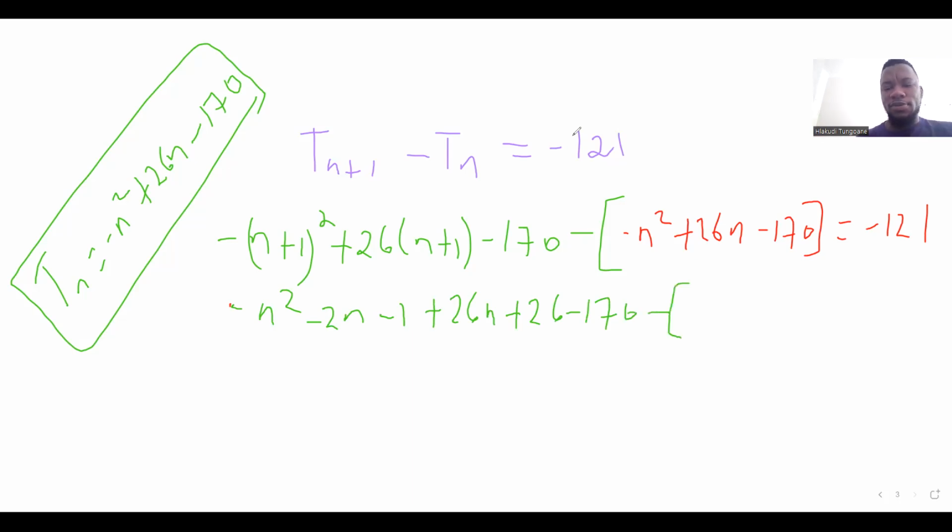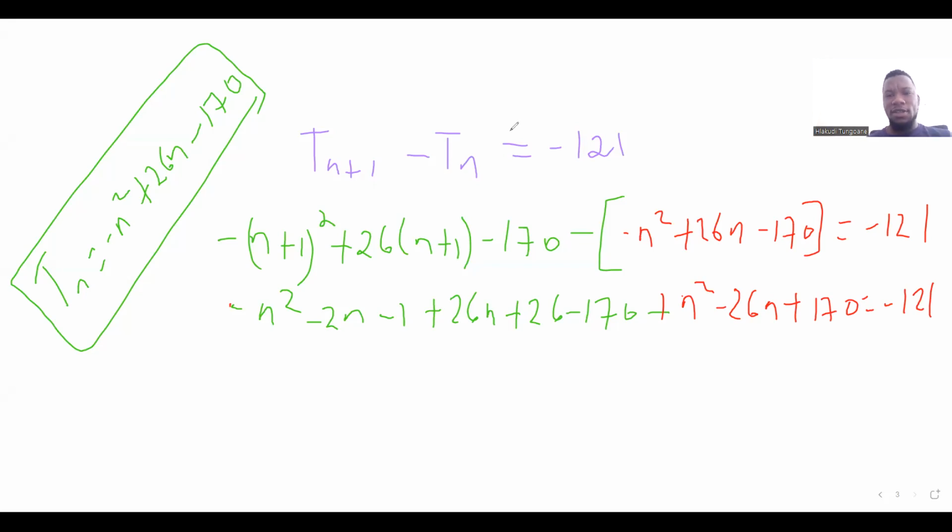Okay, so let's also multiply the bracket for this one. If you multiply the negative, it gives you plus n squared, and then you multiply to get minus 26n plus 170, which must equal minus 121. Okay, so now let's look for the like terms that cancel each other out.